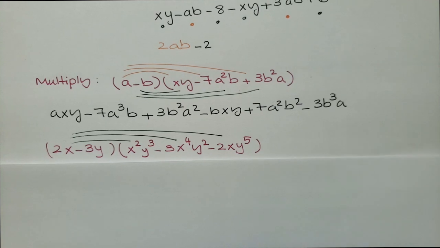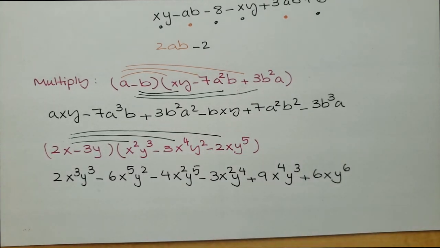Okay, let's do it together. So that would be 2x cubed y cubed. Now 2x multiplied by the second term, negative 6x^5 y squared. Now 2x multiplied by the last term, so that would be negative 4x squared y to the power 5.